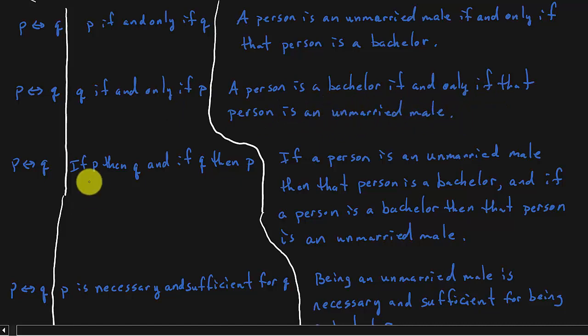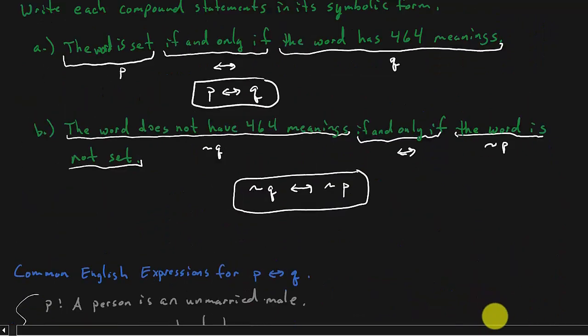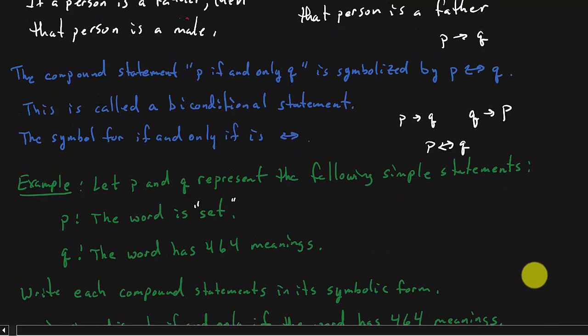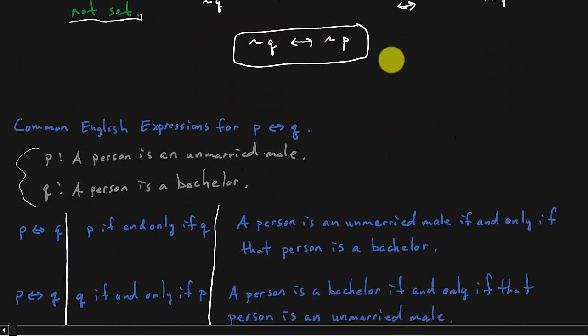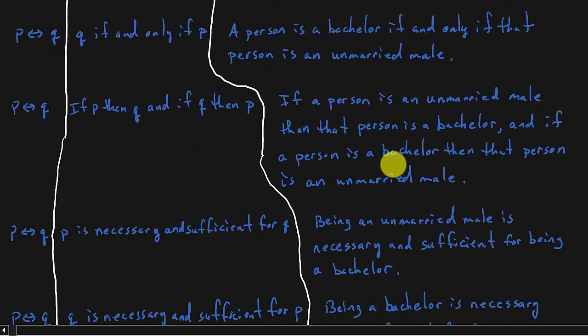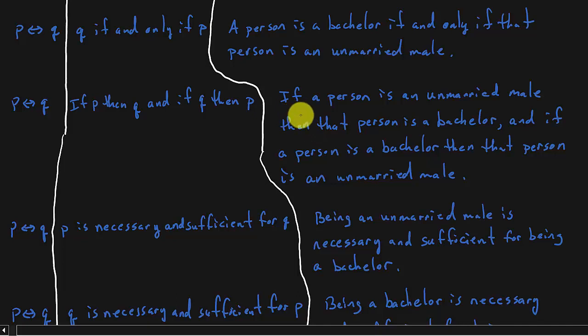And then if P, then Q, and if Q, then P, which is what I explained up here. We can just write it like that. So if a person is an unmarried male, then that person is a bachelor, and if a person is a bachelor, then that person is an unmarried male.